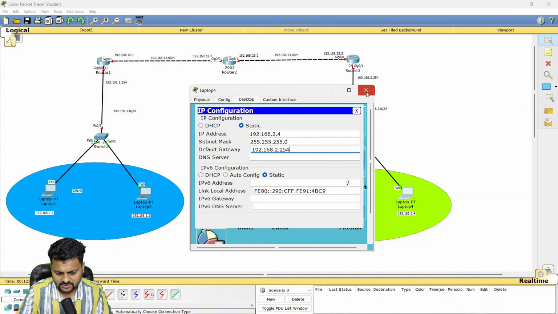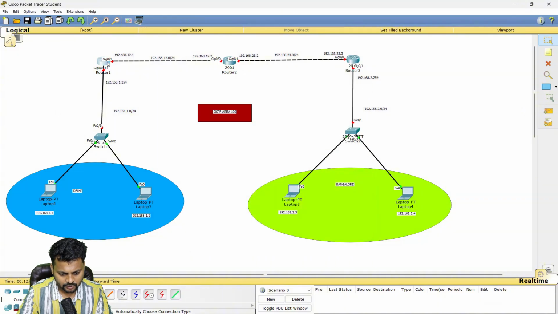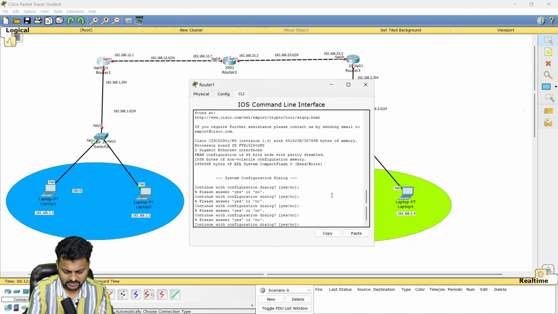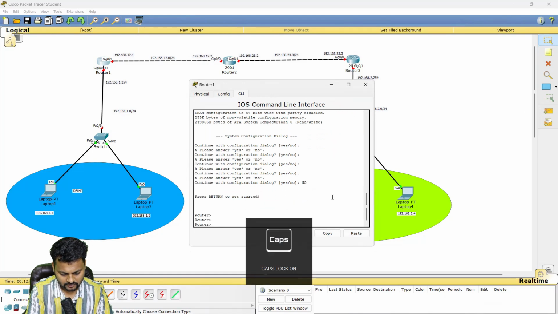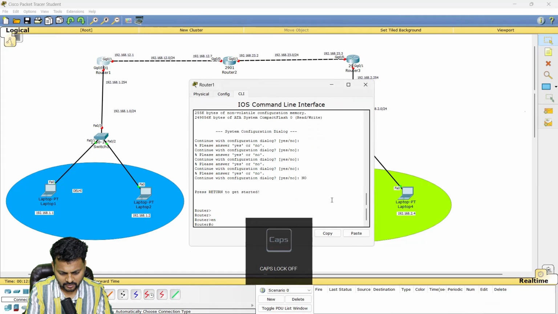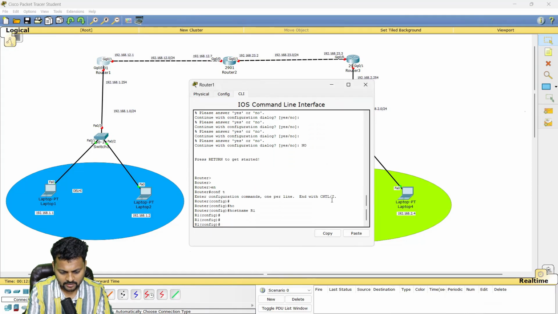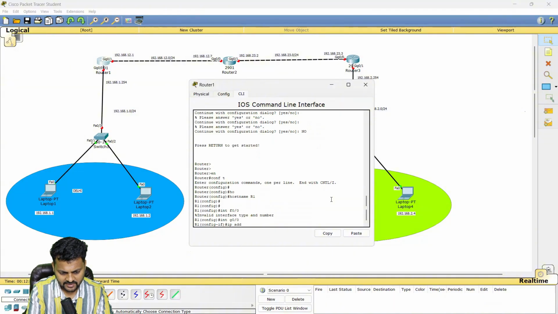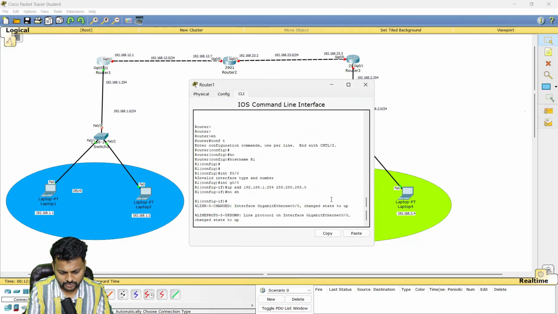Right? So the IP addresses are configured now, and now we need to go to router number 1. On router number 1, we need to configure the IP addresses. Enable, config terminal, hostname router 1, interface gig 0/0, IP address 1.254/24, no shutdown.